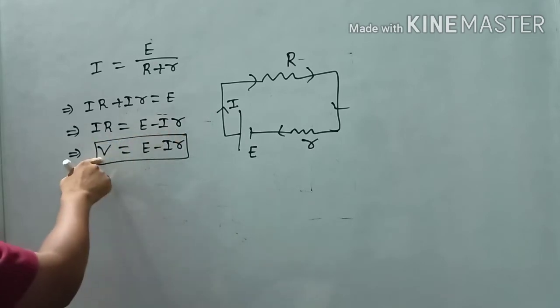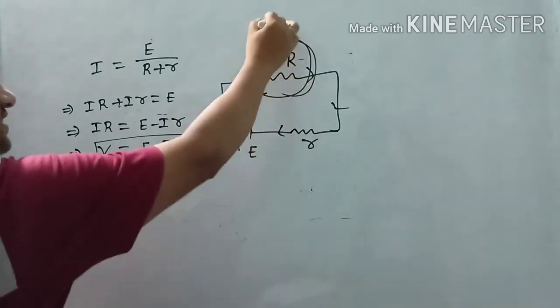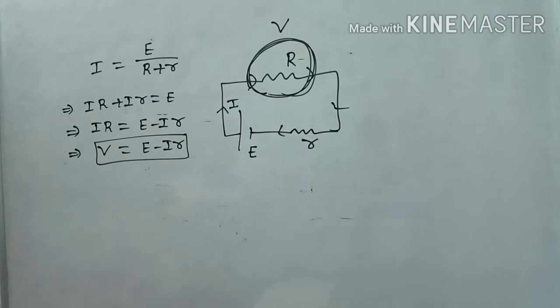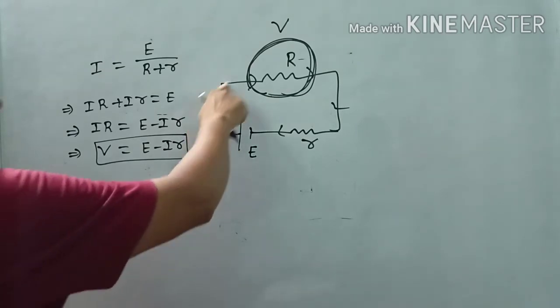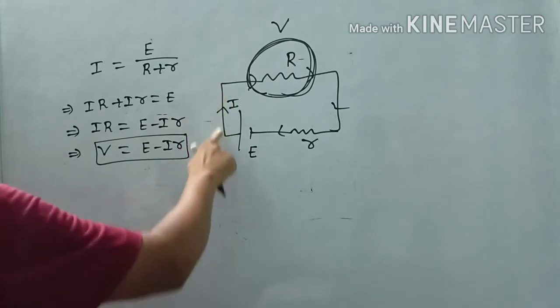Of course, what is this V? V is the potential difference across the external resistance R. V is equal to E minus Ir. Here one point you have to remember. Actually this is the case of discharging of the cell. The cell discharges.